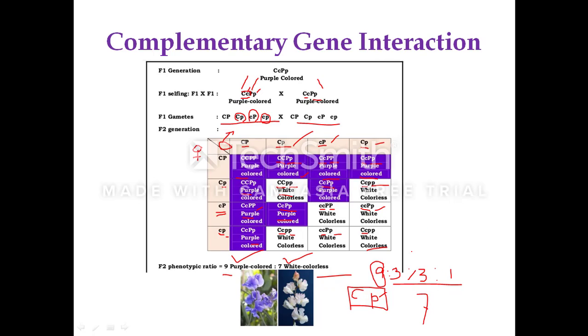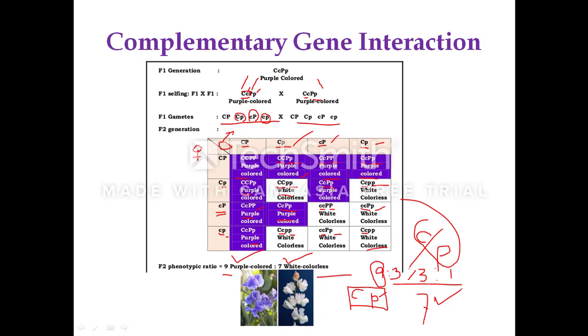And among the 7, any one of the factors, either capital C in homozygous dominant or heterozygous condition, or capital P in homozygous dominant condition, is there, but not both of them. That's why we are getting 7 white flower bearing plants.